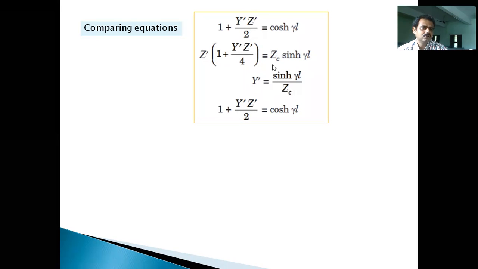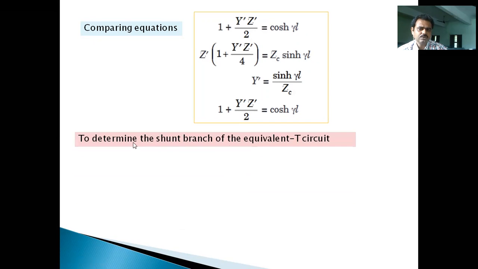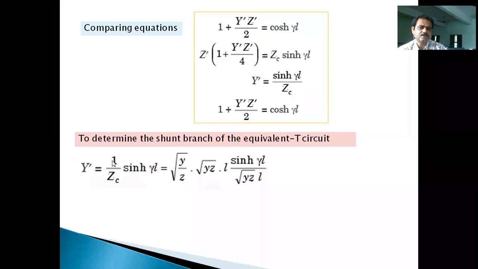Okay, first we have to rewrite this equation to determine the shunt branch of the equivalent T. So Y dash is equal to 1 by Zc sinh gamma L. Substituting the characteristic impedance formula, small y by small z, and multiplying and dividing with root yz into L, root y into root y becomes small y, and root z gets cancelled.